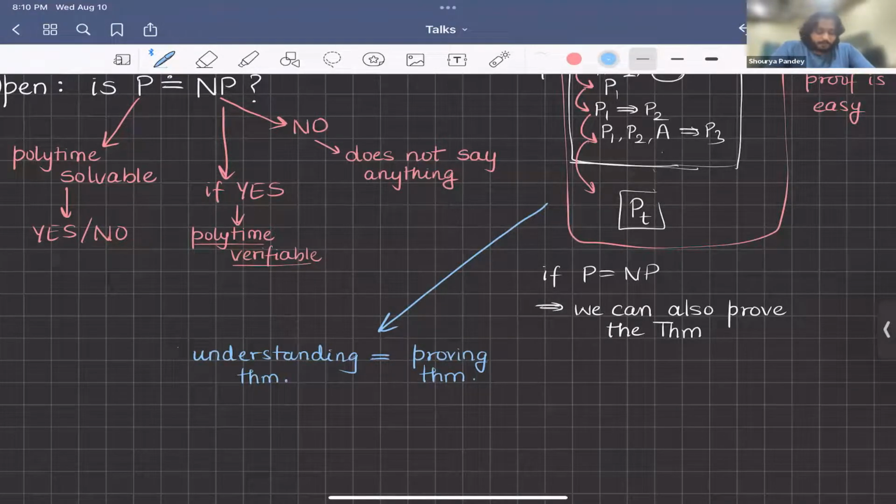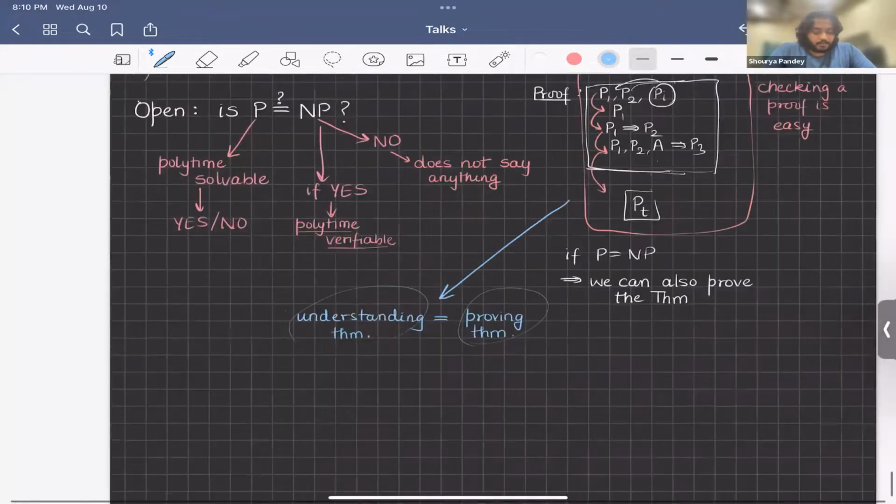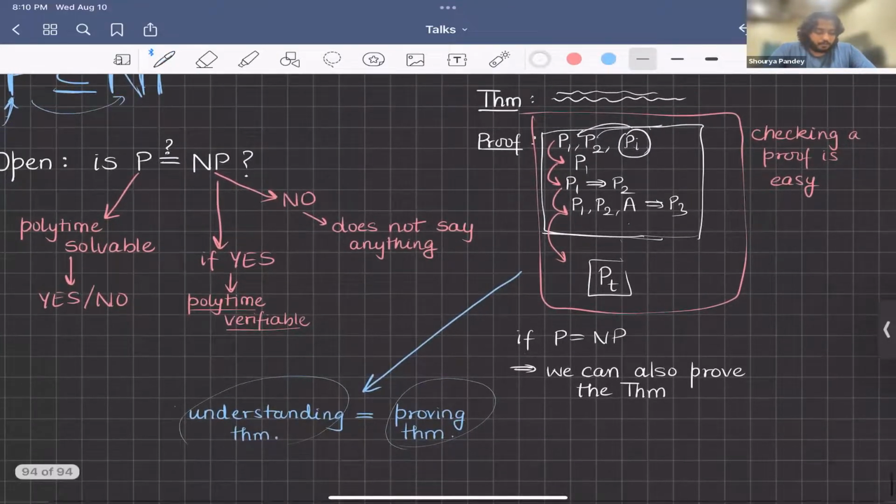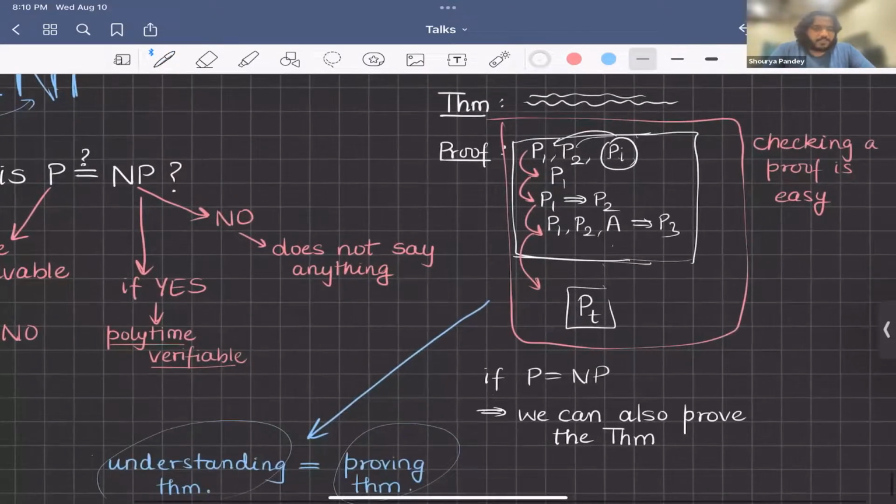Because just by experience, we know that it's much harder to prove a theorem or solve an Olympiad problem than it is to just understand or read through the proof of it. So that's one reason why people think that P is not equal to NP.